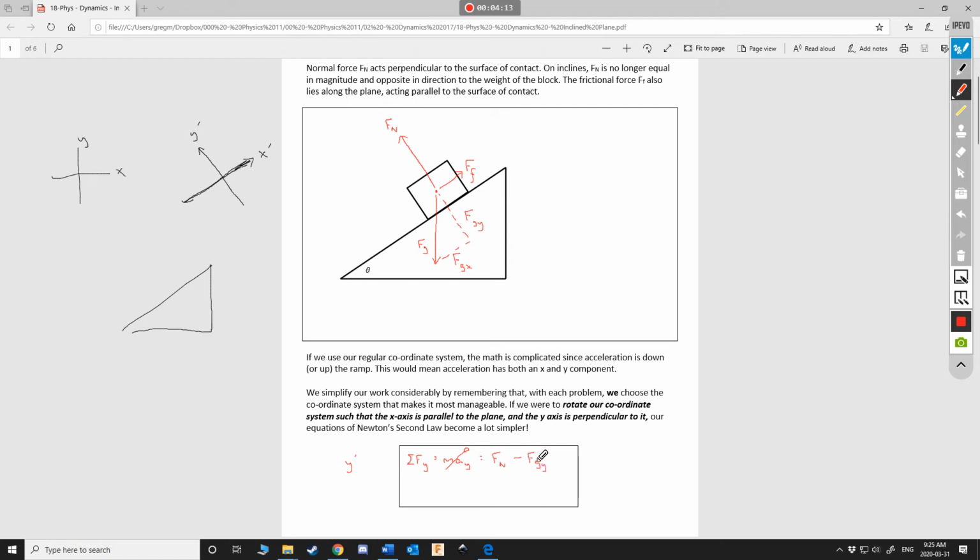So the normal force has to equal the y component of Fg. In the x direction, the sum of the forces in the x direction is max, so that's our net force. What's making it fall down is Fgx, the x component of the force of gravity, minus the force of friction.